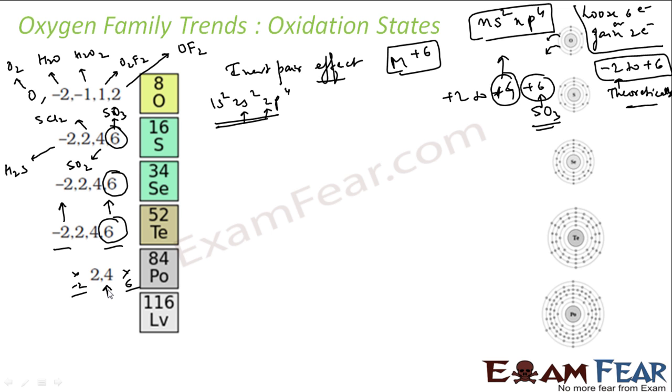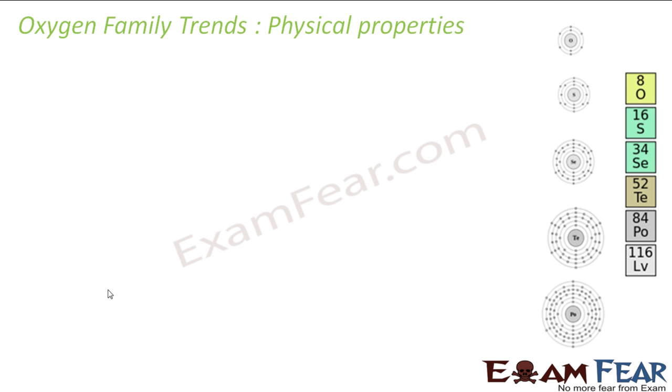Okay. Let's talk about some of the physical property trends. If you see again here, oxygen and sulfur are non-metals. If you talk about selenium and tellurium, again there's a debate on selenium, so I'll put selenium as metalloid. Polonium is a metal.